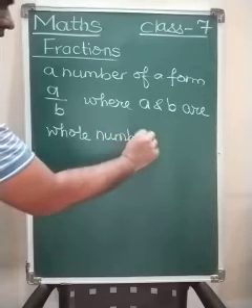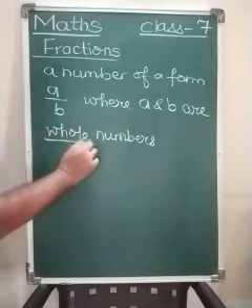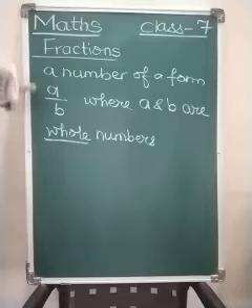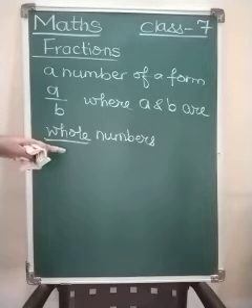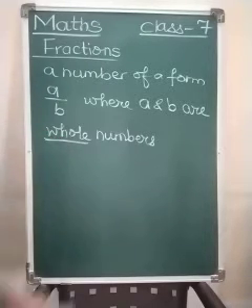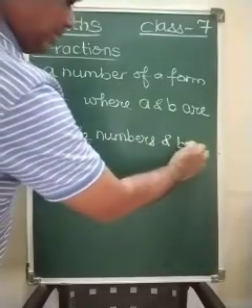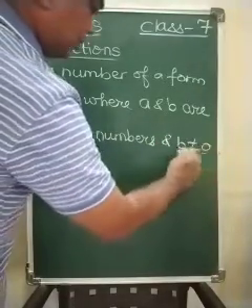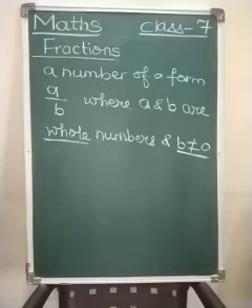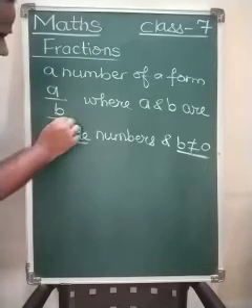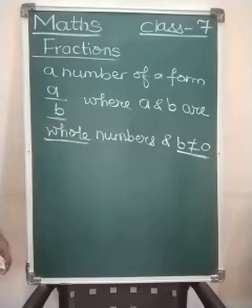Now be very careful, these are not integers. They are whole numbers, and B is not equal to 0. This is also very important. This denominator cannot be 0 in a fraction.